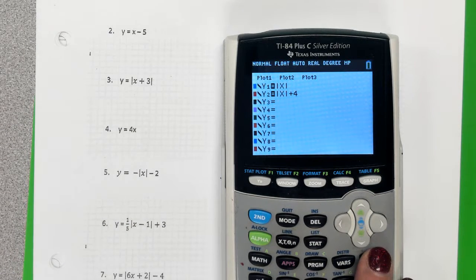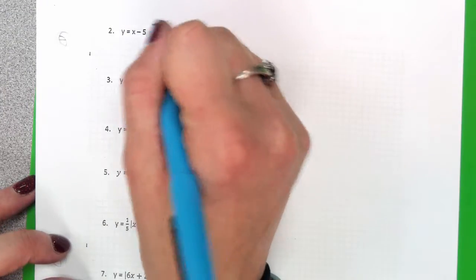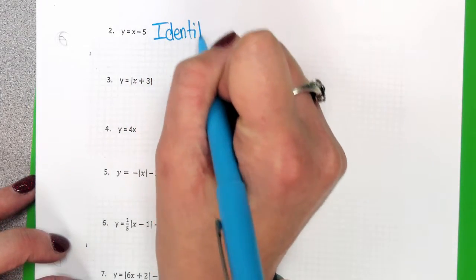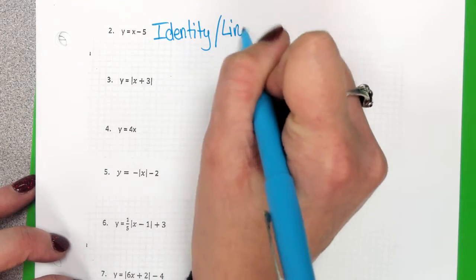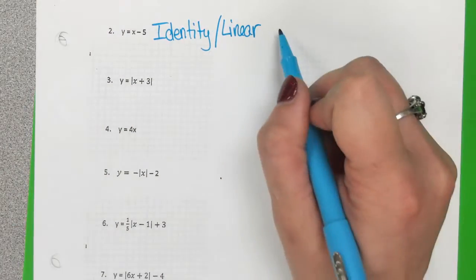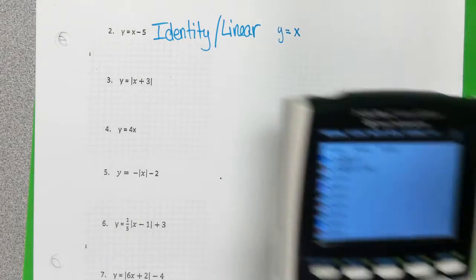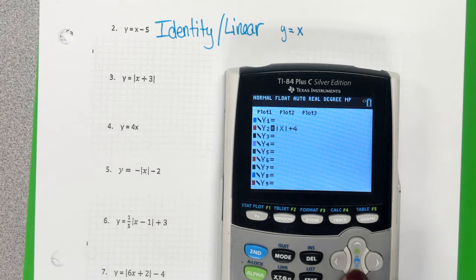I can't hear you, guys. Linear or identity. And what does the parent graph look like? Y equals X. Perfect. All right, so go to your calculator. Let's clear everything out.